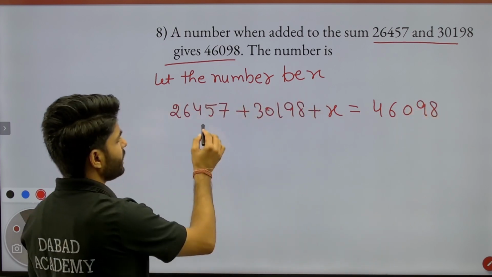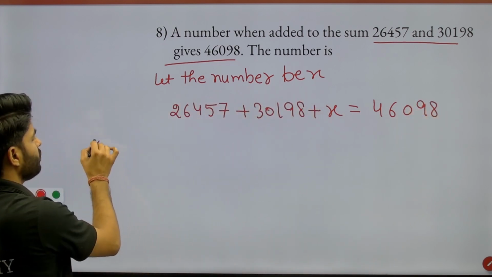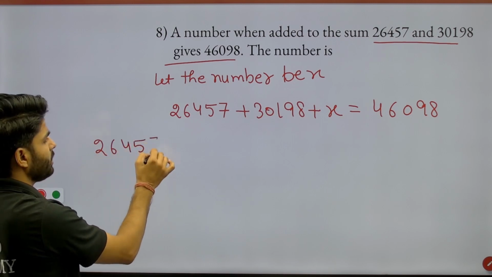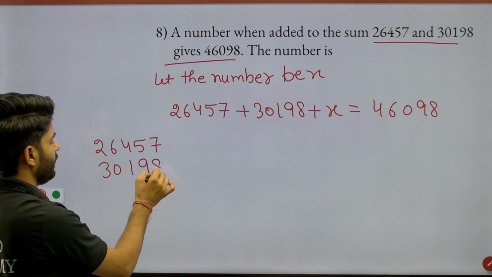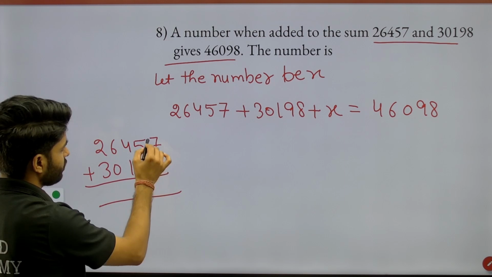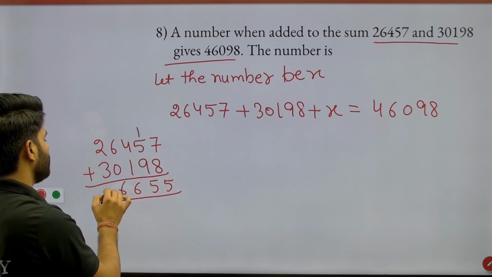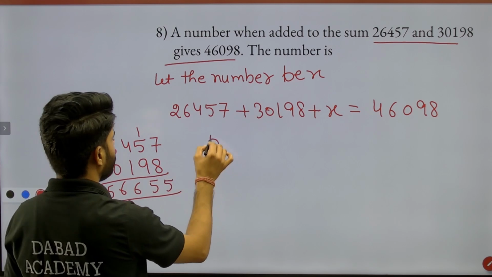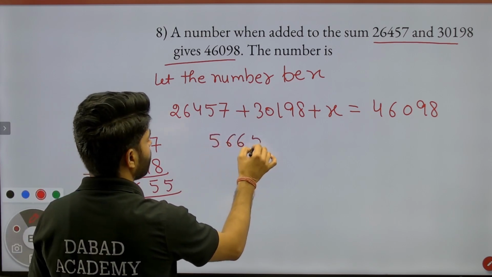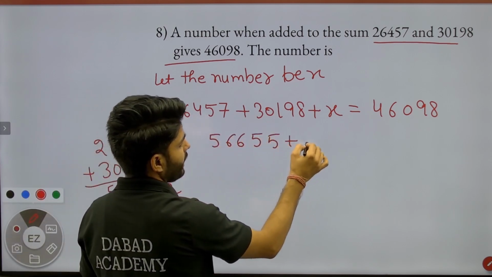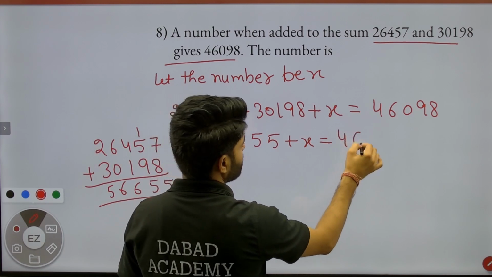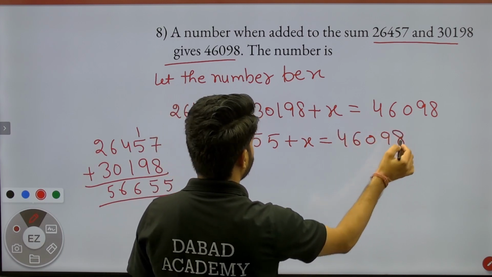So first we have to add these two numbers, that is equals to 2, 6, 4, 5, 7, 3, 6, 1, 9, 8. Now we have to add, that is equals to 15. We have carry 1, that is again 15. 4 plus 1, 6, 6 and 5. That is equals to 5, 6, 6, 5, 5 plus x equals to 4, 6, 0, 9, 8.